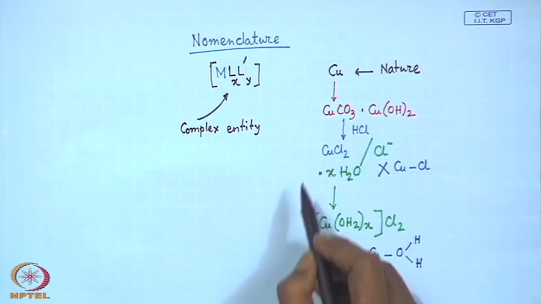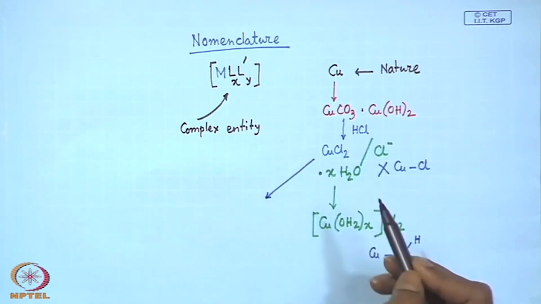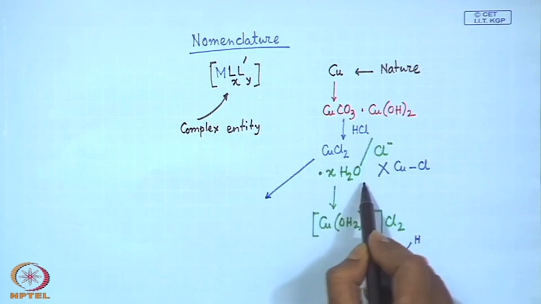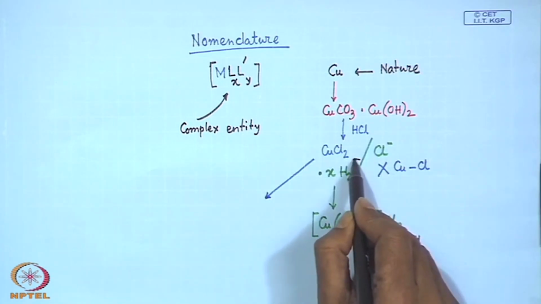So, what we see that if we can make this, that means this particular species which is present as this one, that means we can go for its corresponding anhydrous form. That means this water will be lost.